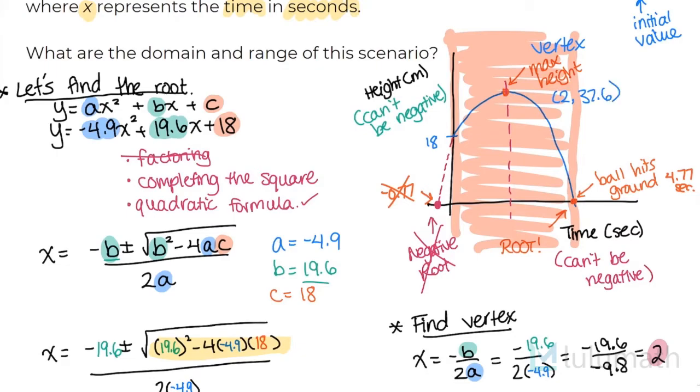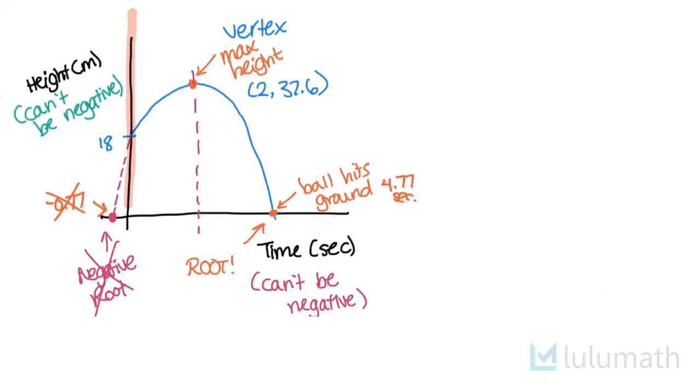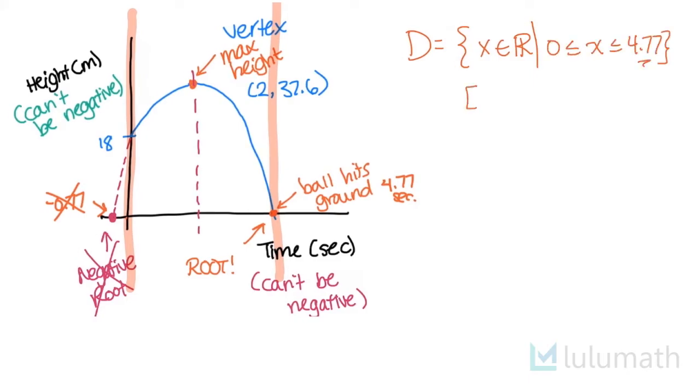Which means that the y values we are going to look at are simply from 0 to our highest point and what's in between. If our domain is from here to here, we can say that x is an element of the reals such that x is between 0 and 4.77. We can also say from 0 to 4.77. It technically isn't exactly equal to 4.77, but for the purposes of real life, we can say that at 4.77 seconds it hits the ground.